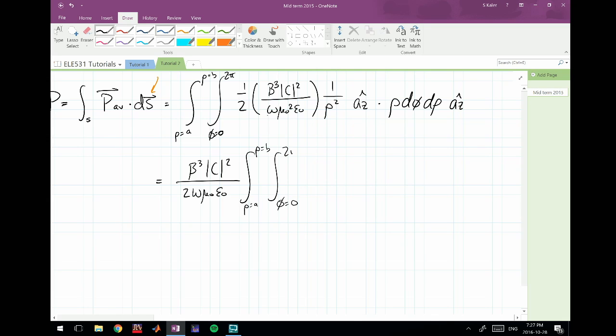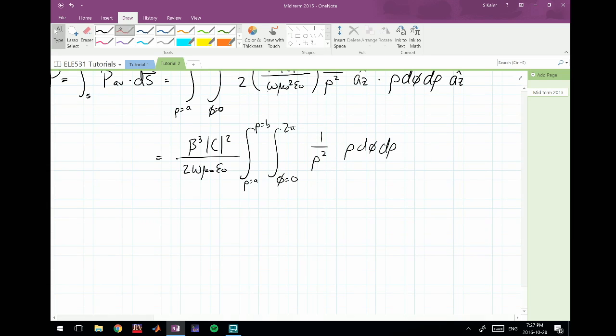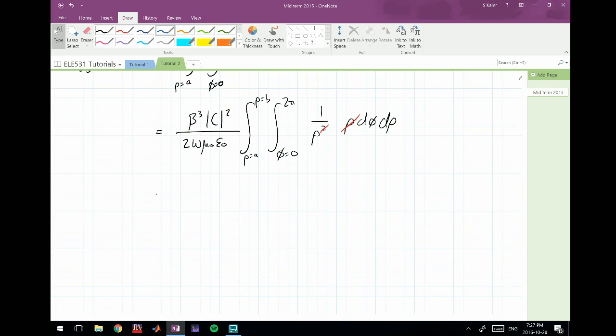And so all I have left in there is 1 over rho squared, rho d phi d rho. And so this one ends up getting rid of one of those. And so I'm left with beta cubed c squared 2 omega mu naught epsilon naught.